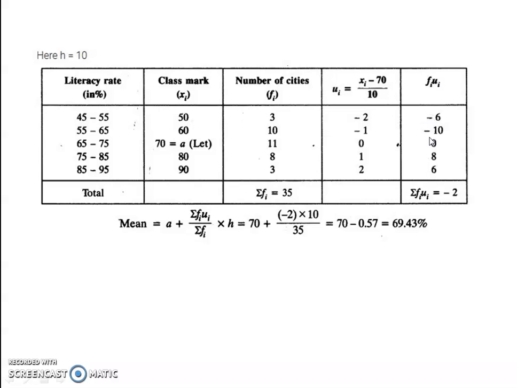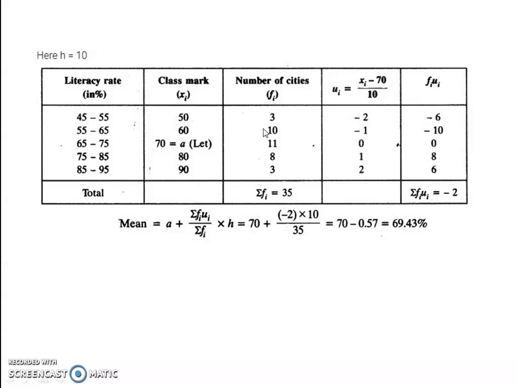After finding fiui, add the frequencies here. 3 plus 10, 13. 13 plus 11, 24. 24 plus 11, 35.